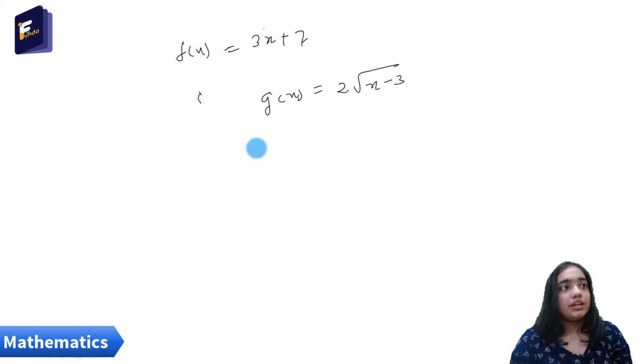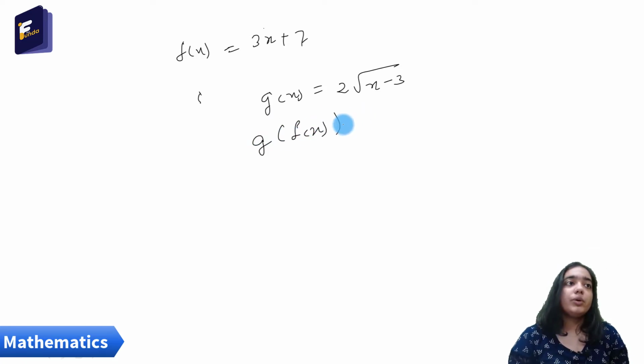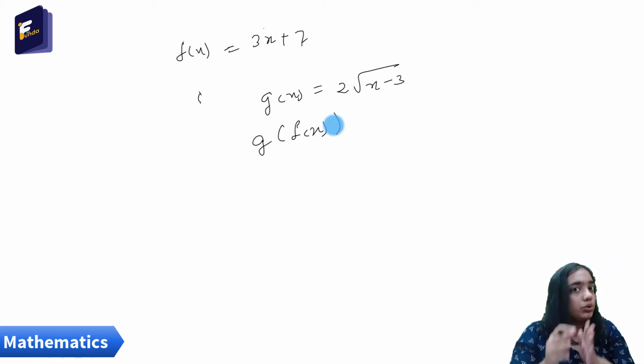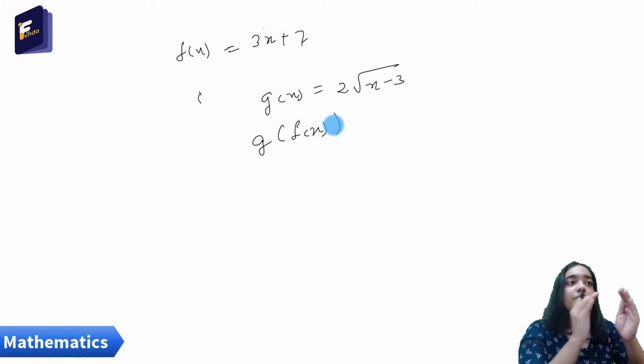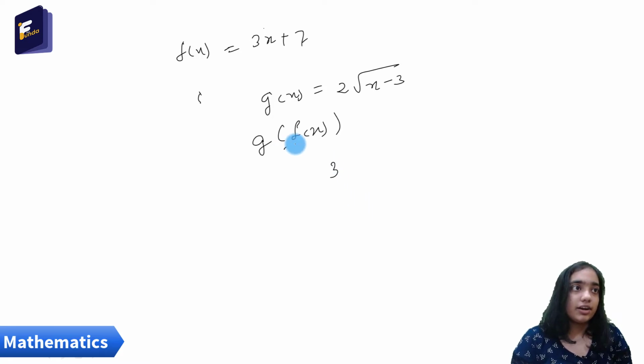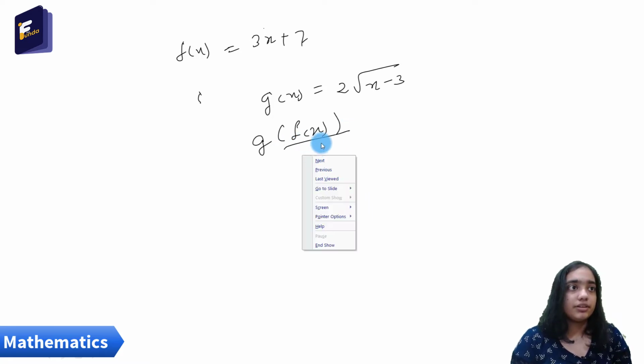Now we have to find g of f of x. So what we are doing is putting x in function f, getting the output, and then putting that output in g. So what will happen if we put x in f? It will give 3x plus 7.